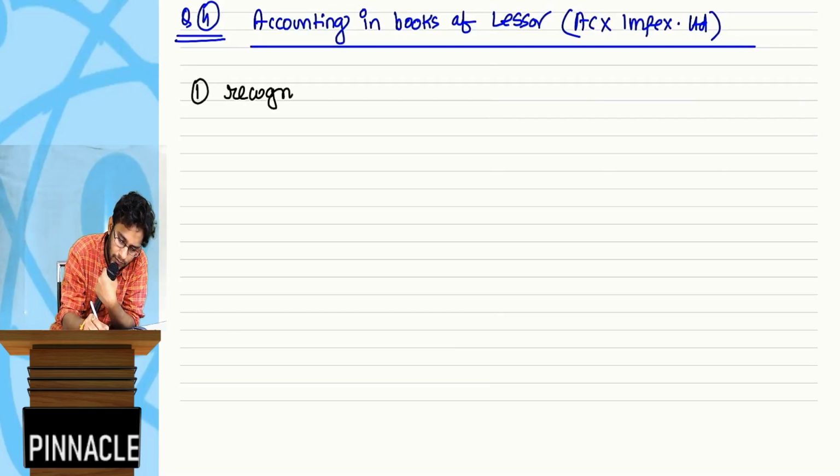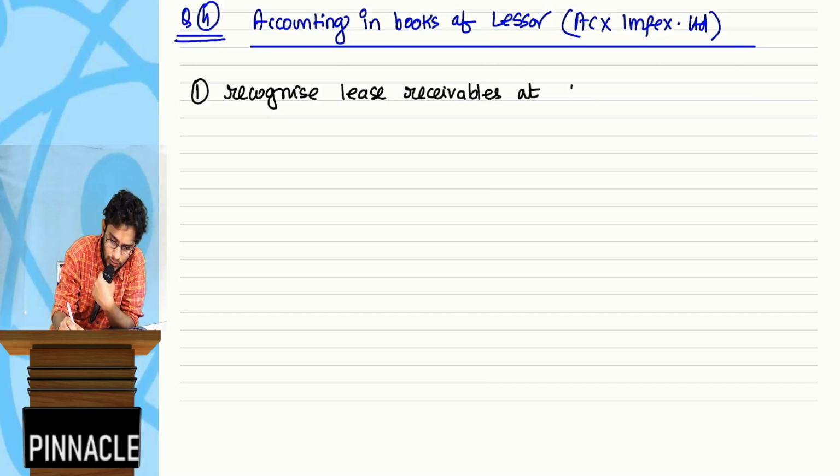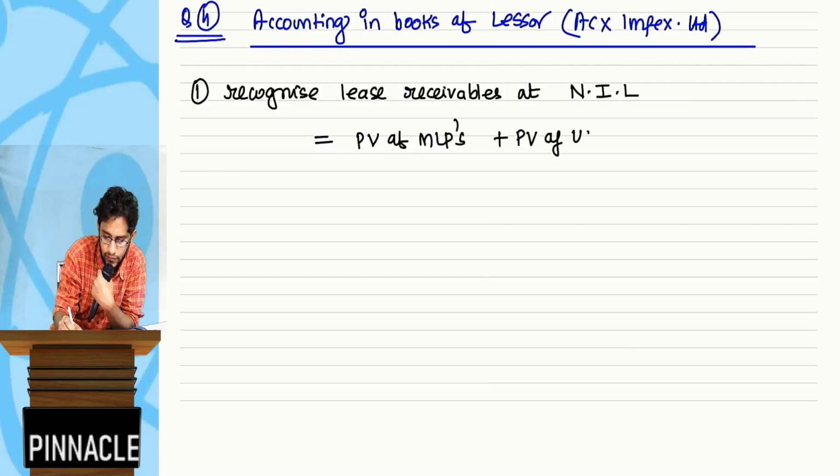Recognize lease receivables at net investment in lease, which is equal to PV of MLPs plus PV of UGRV.